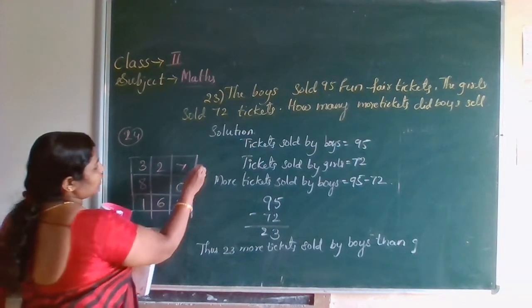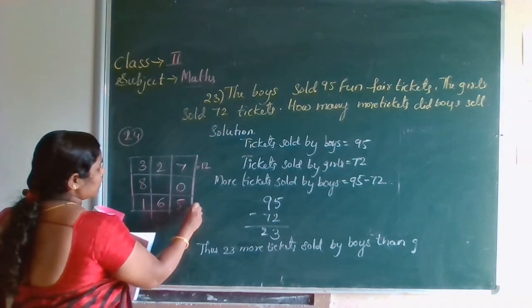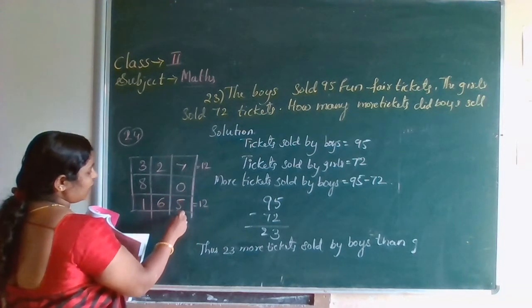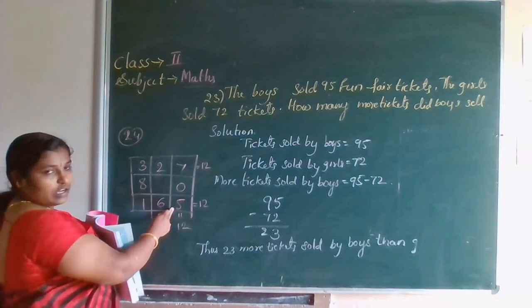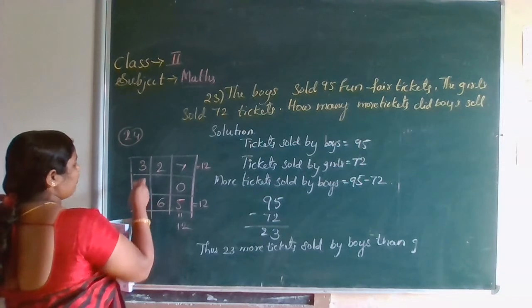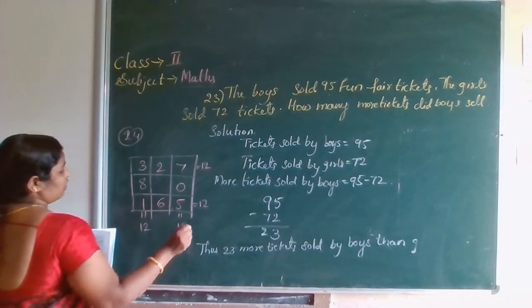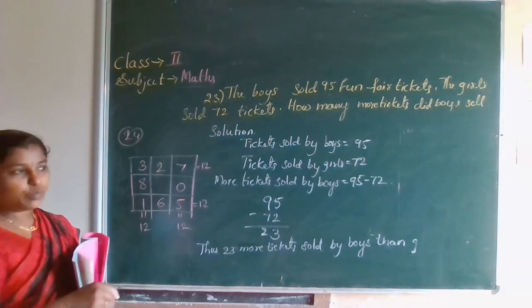If we add these, it will come to 12. So 1, 6, 5 is also 12. If we add like this, here also it is 12. 7 plus 5, 12. Next, 8 plus 3 is 11, plus 1, 12. So in every direction if we add, the answer should be 12.